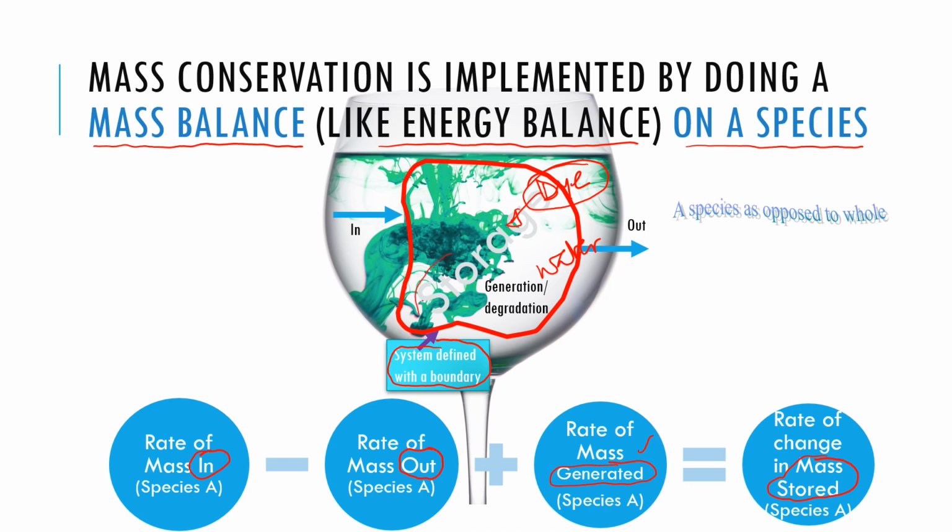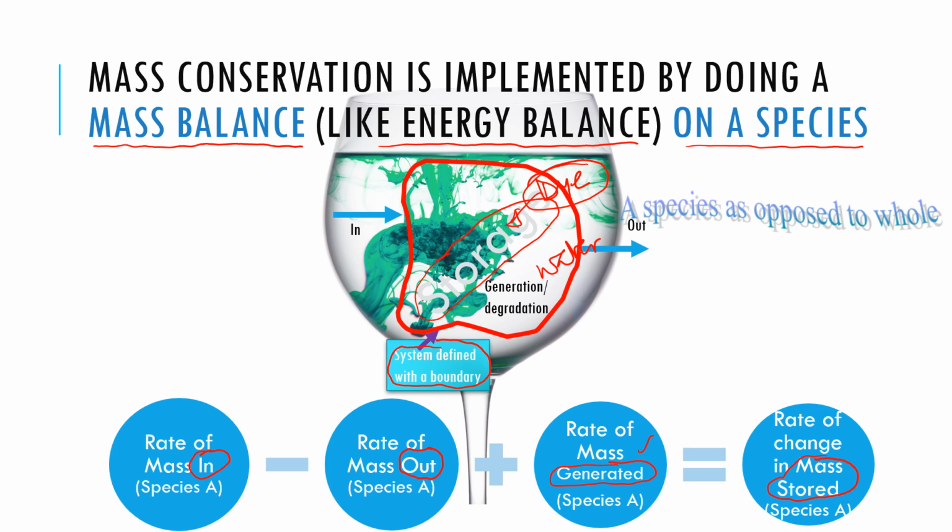So this is the storage. In other words, all we are saying is everything has to go somewhere. That is the statement of the mass conservation. And we're now going to see how we write these terms, the in, the out, and generation.